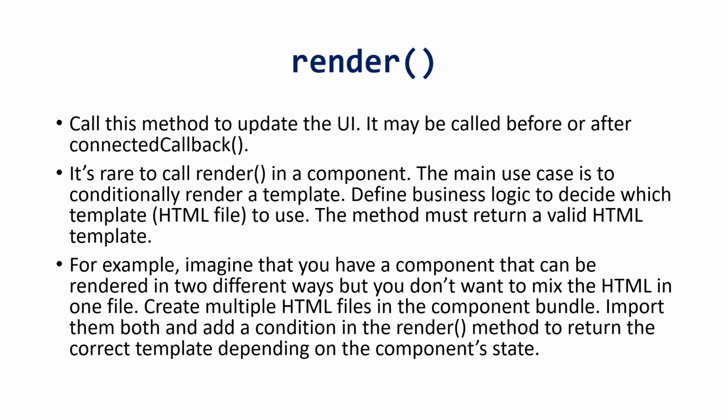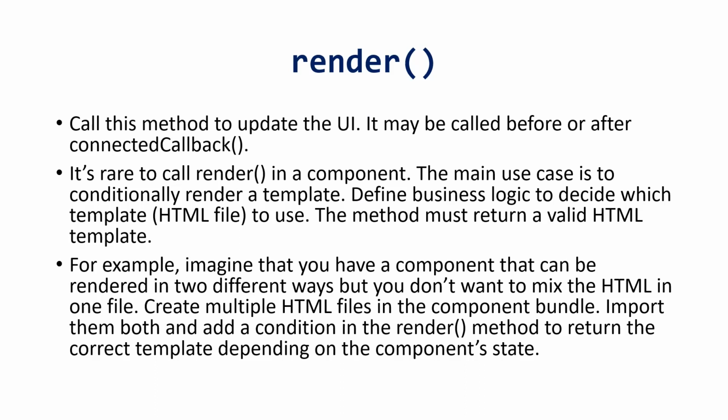For example, imagine that you have created two or three components. You want to show one component at one time, and when you insert another component, it will be called a second time.